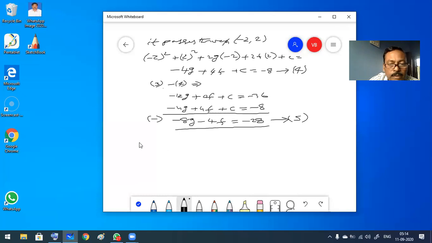Next, subtracting equation 2 minus equation 3.